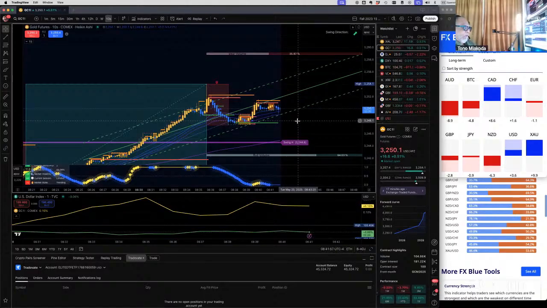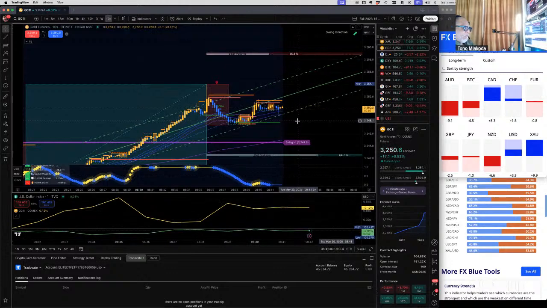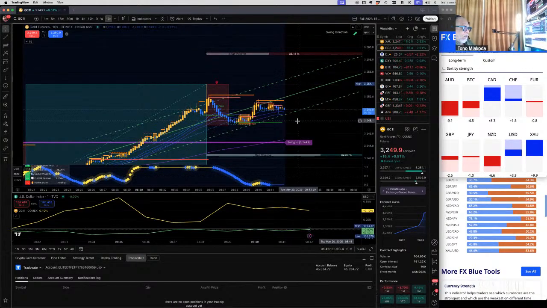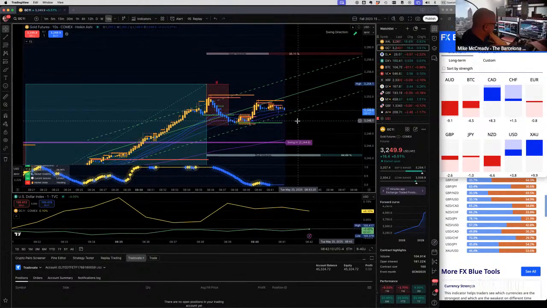Right back probably down to 45. It's not enough space to trade it. Got 3 minutes for the next 15-minute candle.